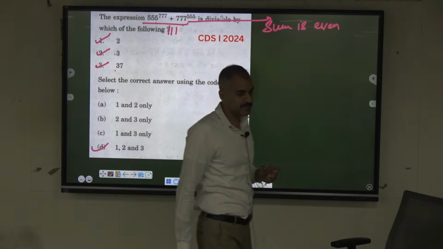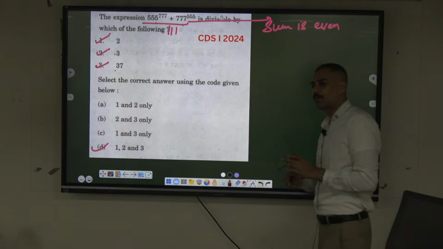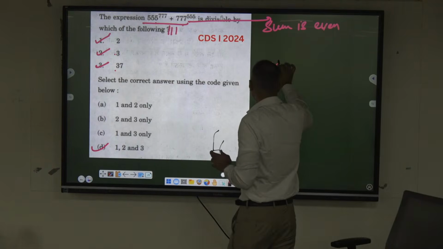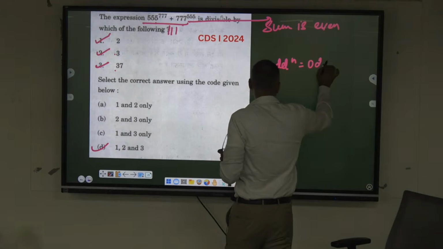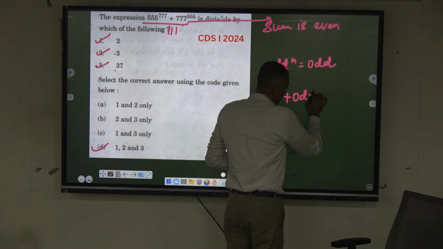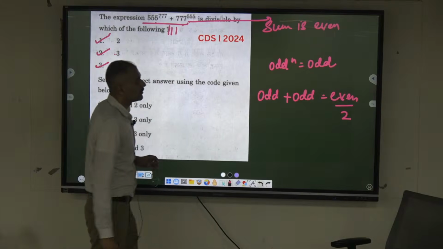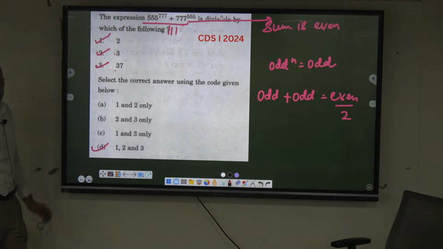Work on the unit digits. Odd power anything is always odd, so odd plus odd is an even number. Any even number is divisible by 2. And also 555, 777, 222.